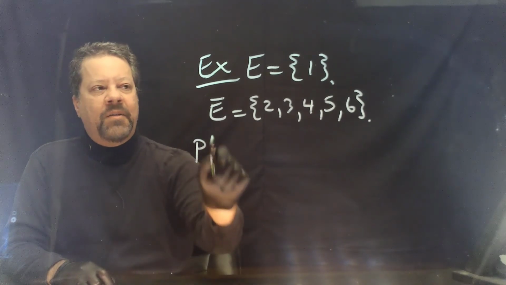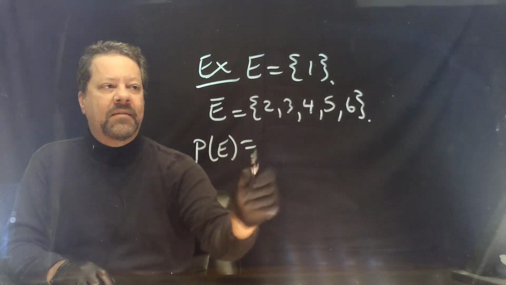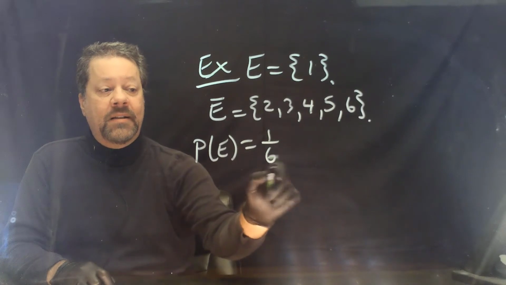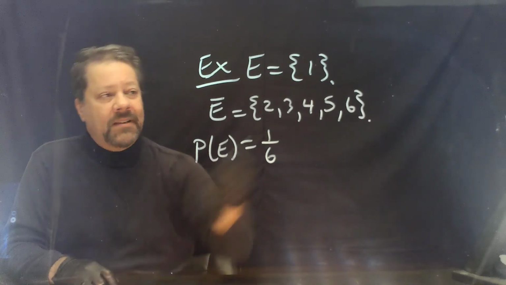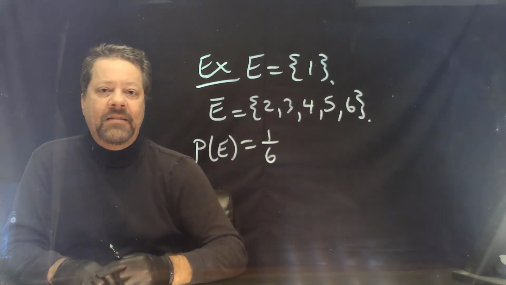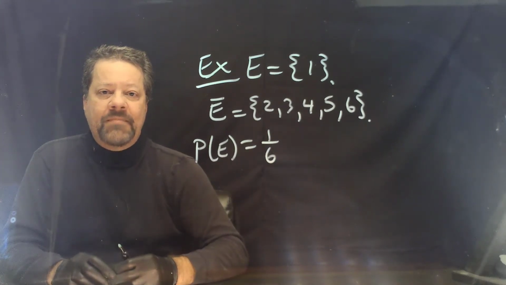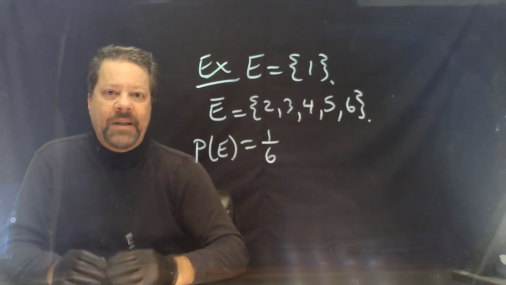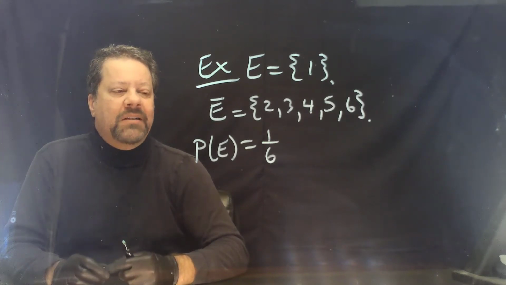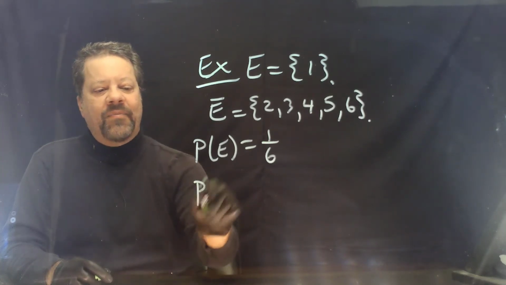The probability of E, rolling a 1, is exactly 1 out of 6. There's only one simple event in there out of 6 possible simple events in the sample space. So the probability, them being equally probable, we will assume, is 1 out of 6.